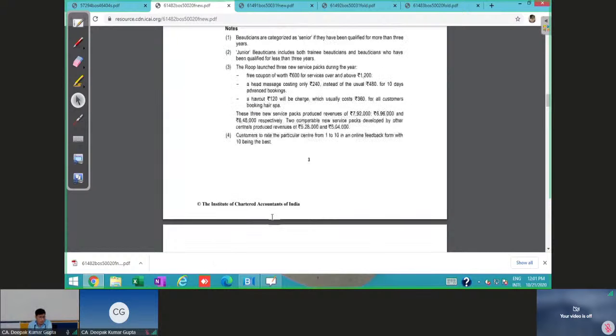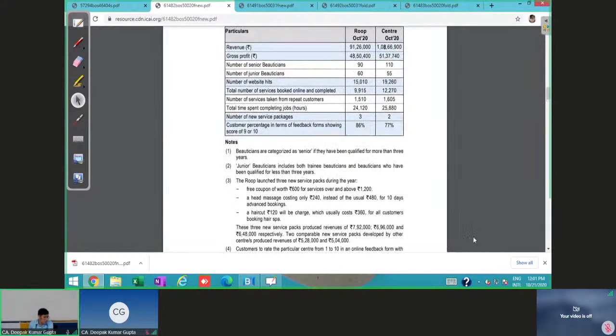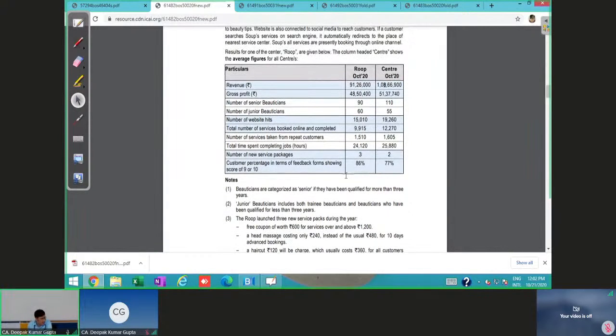Now analyze the group's performance. The first dimension is financial performance. Financial performance can be measured through the gross profit ratio or gross profit margin.